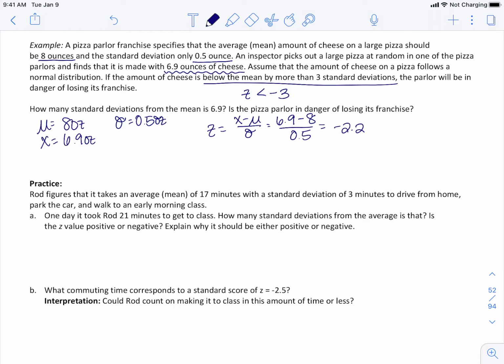So this tells us that we are 2.2 standard deviations below the mean, again because it's negative. So is the pizza parlor in danger? No. It's not more than 3 below.